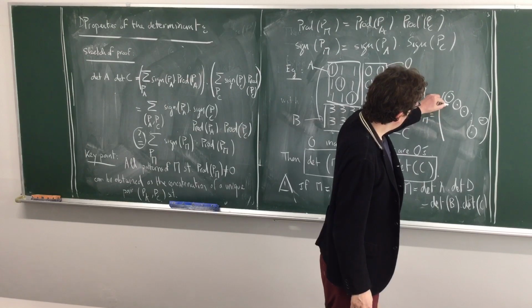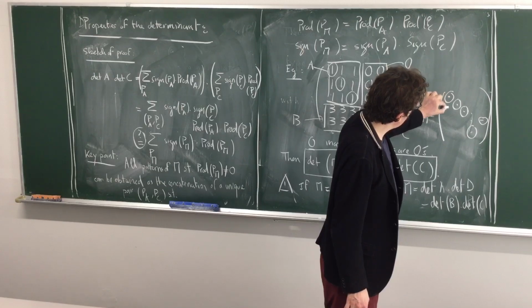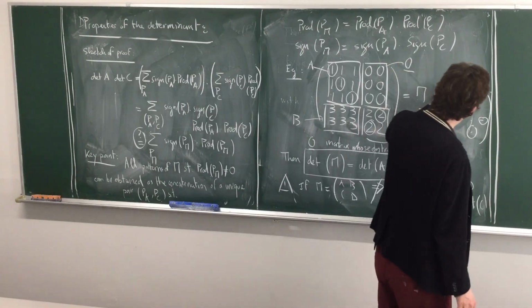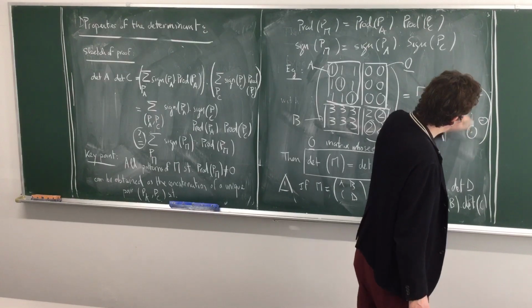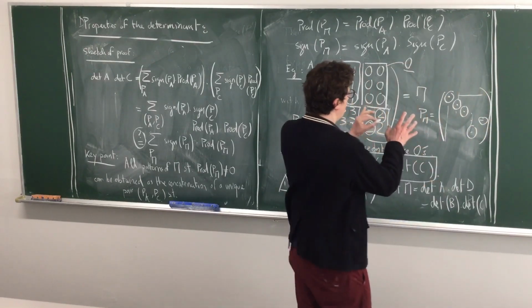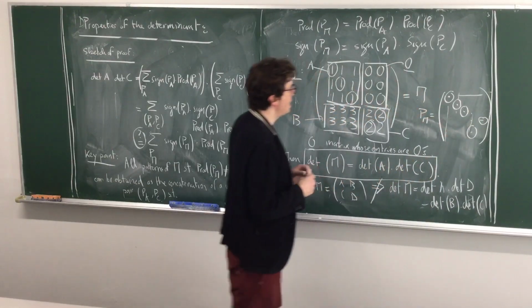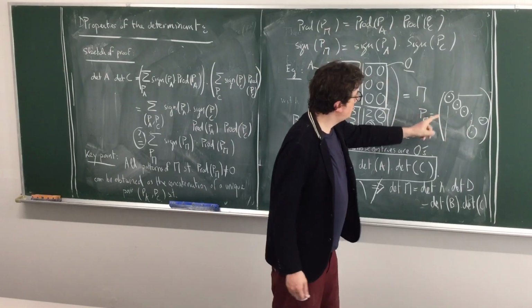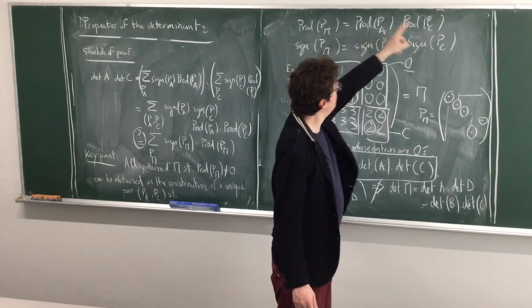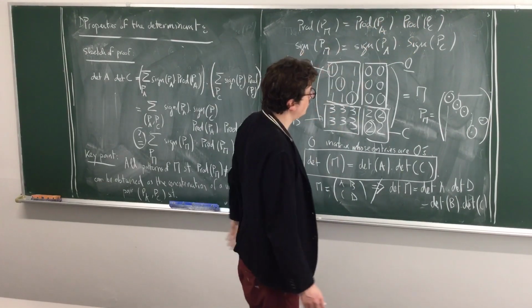As you can see, the condition on pattern is still satisfied, which means that this is the only entry in this column and in this row. This is the only entry in this column and in this row, etc. So, by taking one pattern of A and one pattern of C, you can build this pattern of M. And you can check that indeed the product of this pattern is just the product of the patterns of A and C, and the sign is also the product of the signs.